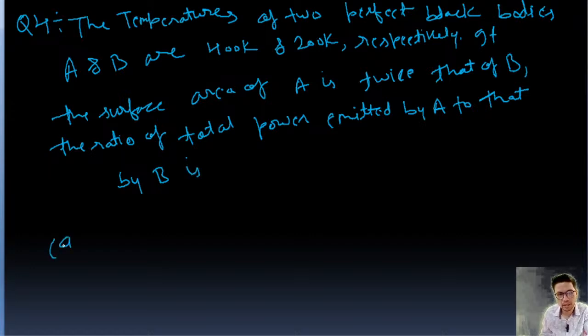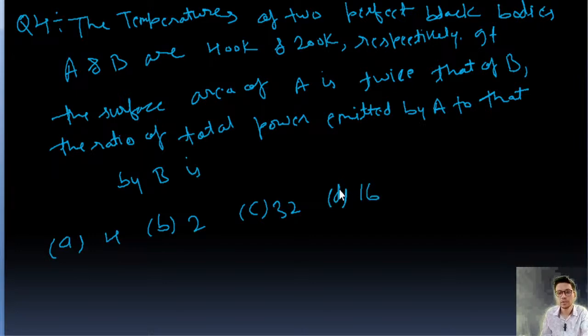Options are given. Option A is 4, option B is 2, option C is 32, and option D is 16.